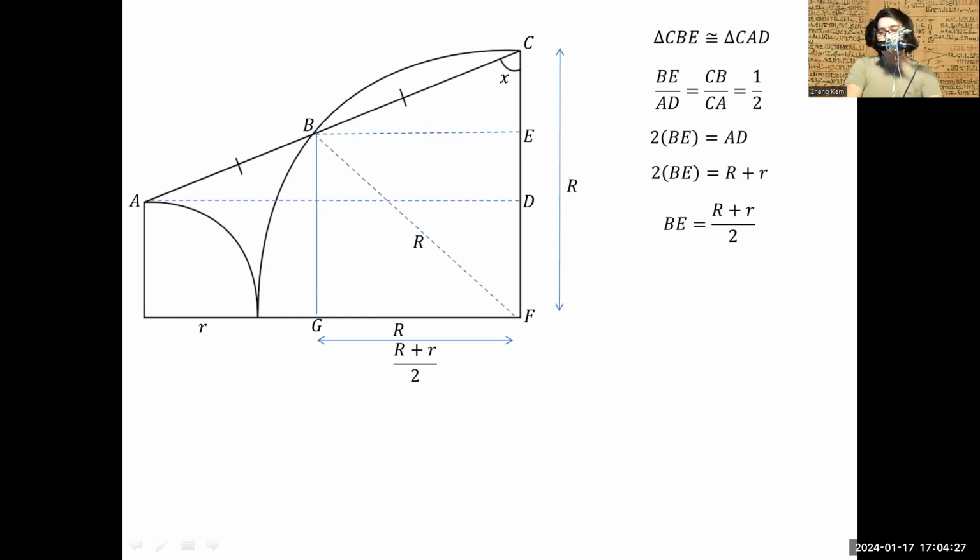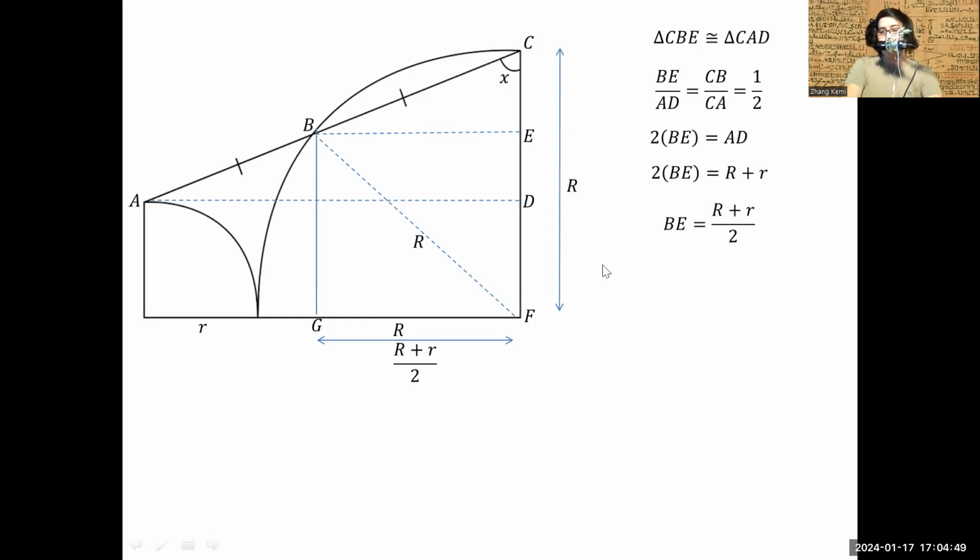So CF is basically capital R. Now, if I draw a diagonal line from the point F all the way to this midpoint of AC, which is at point B, I also get capital R. This is also the radius of the big quadrant, so this length is capital R.